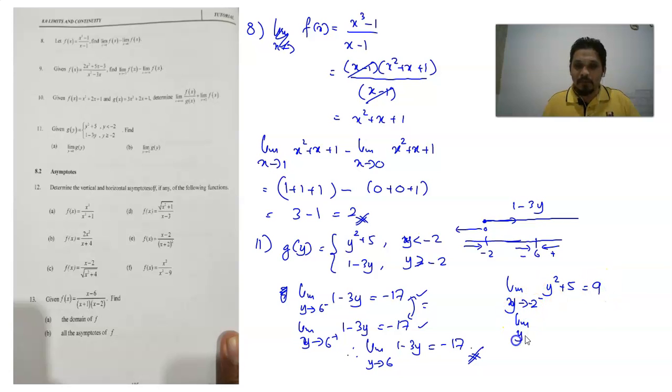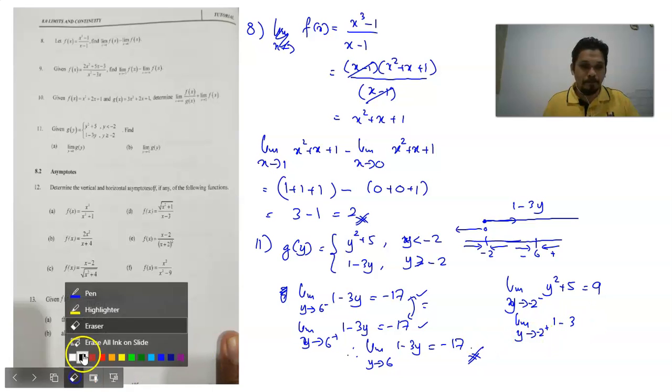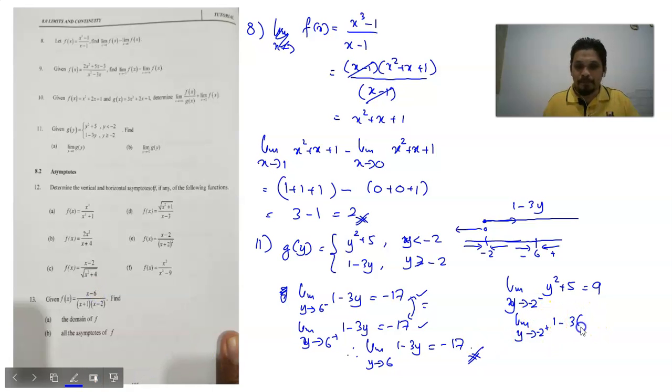And the limit as y approaches negative 2 from the right. Then the function here is 1 minus 3 times negative 2. Negative times negative is positive, so 3 times 2 equal to 6. 1 plus 6 equal to 7.